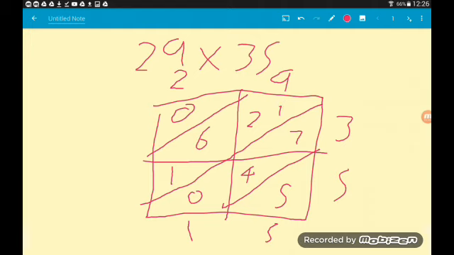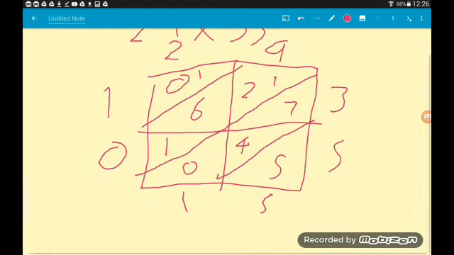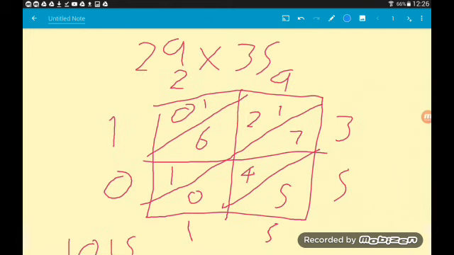Now we've got 1 plus 2 is 3, plus 6 is 9, plus 1 is 10. Again, the unit goes here, carry 1 up. 1 plus 0 is then 1. So we've got 1015 as our answer.